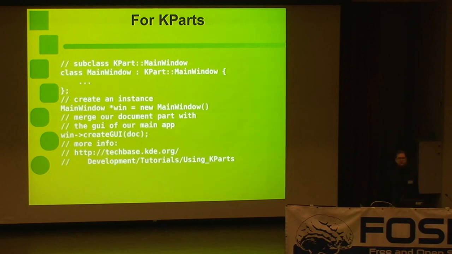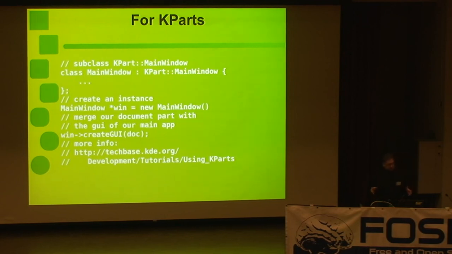At the moment when we have the document loaded, we are still completely free in what we want to do. Want to go for KParts? That's possible. Create a main window, which is a KParts main window. You have to subclass that. You have to implement some methods. They are all quite clearly described in the API documentation.